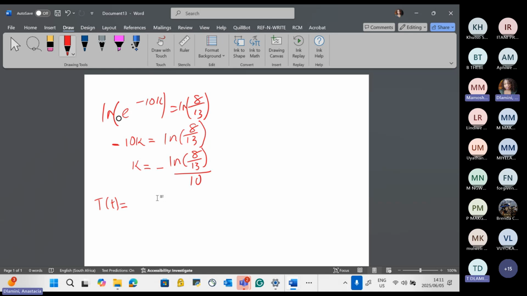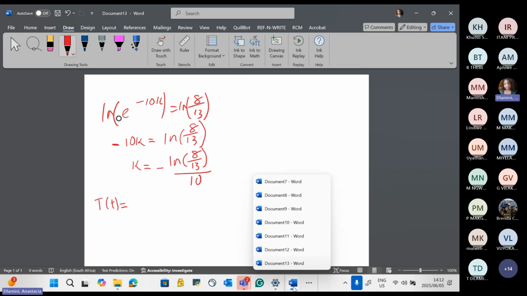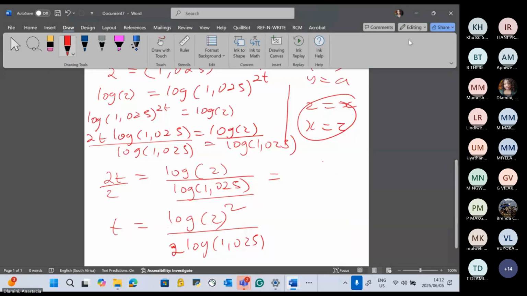Here it's fine because 8 over 13 is inside the ln. You don't do that because ln covers everything. Okay. Yes. Well done.